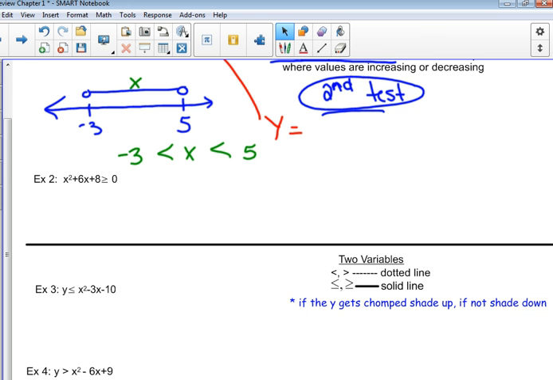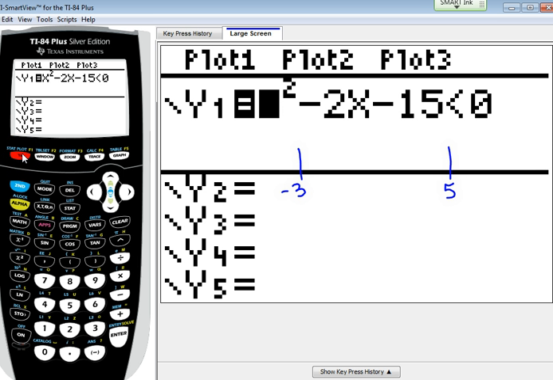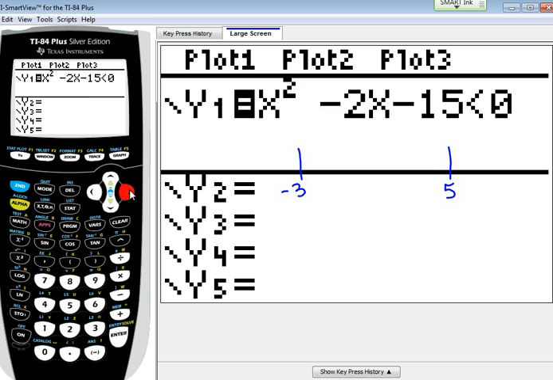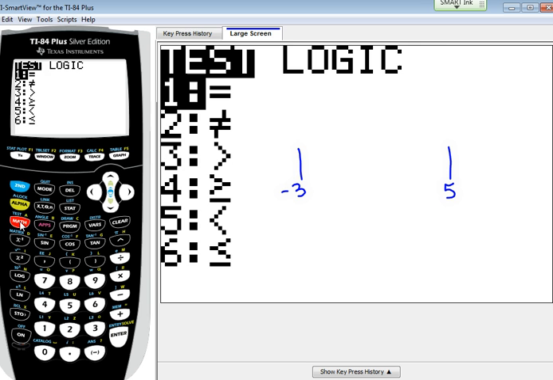Okay, so now this one, why don't you try and make sure you put it on a calculator. Second test will give you your inequality sign.